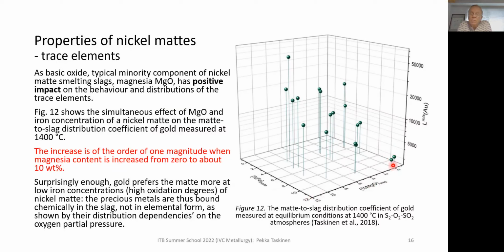But then when our MgO concentration in the slag is increased, we are gathering more gold in the matte, and if we go further down in the iron concentration of the matte, this is further increasing the distributions of gold.